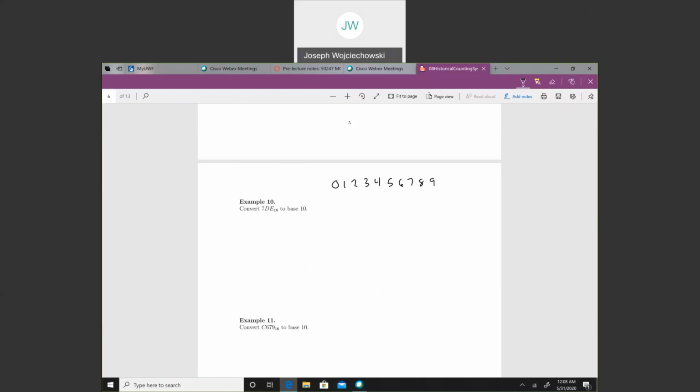And we had A, B, C, D, E, and F. So A is 10, B is 11, C is 12, D is 13, E is 14, and F is 15. So let's look at what we have here. We have 7, D, E. So first, let's translate this. That's still 7. D is 13, and E is 14.